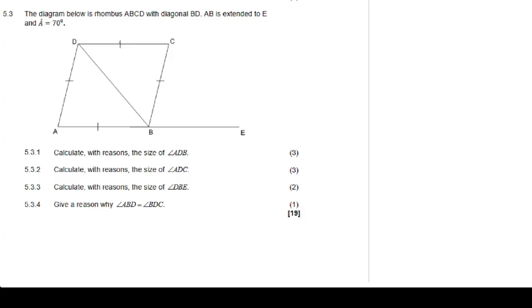ABCD is a rhombus, which means all sides are equal, right? And opposite sides are parallel, but they don't really tell us that, so let's wait. Okay, AB is extended to E, interesting.